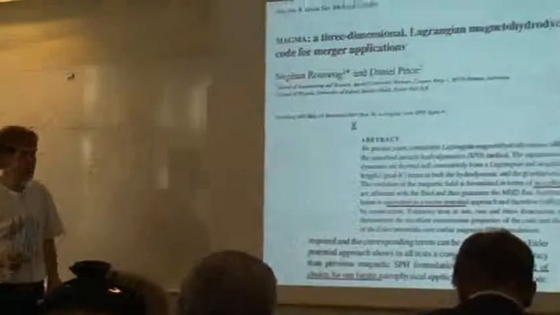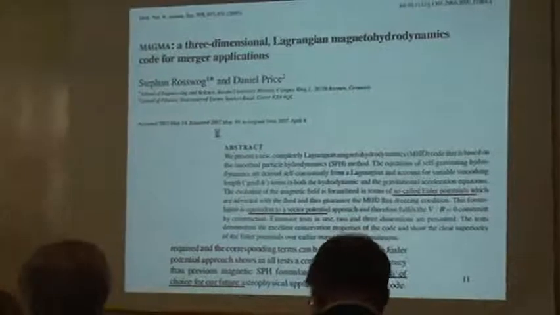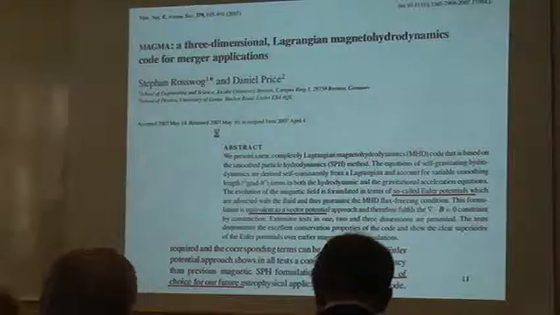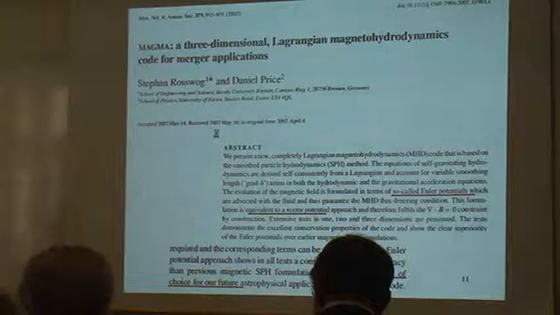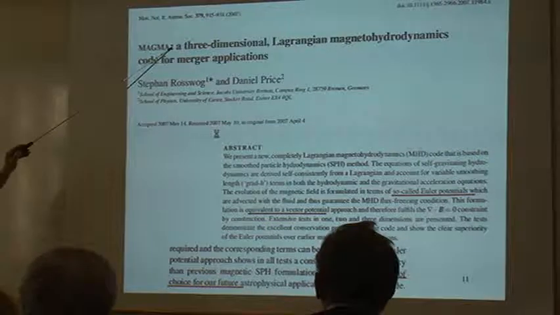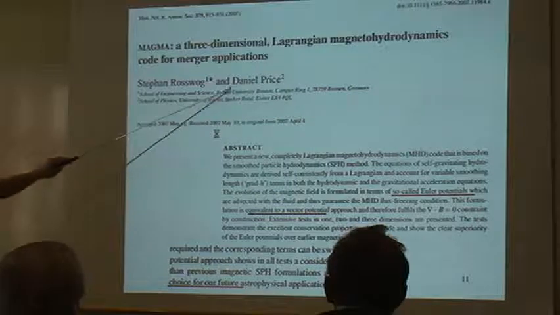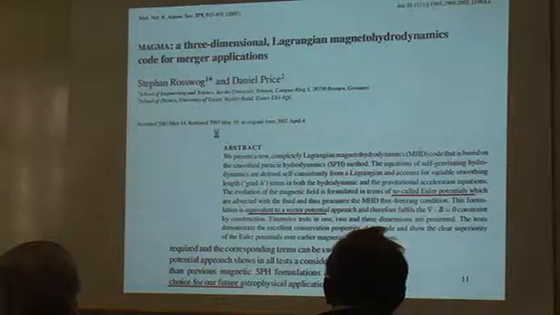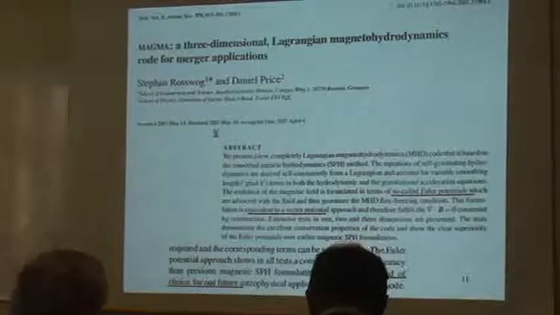That's badly wrong. There are not many such examples, but in the last 2 years, a completely new method for computations has come on the market, a code called the Magma Code, which is developed apparently here with Roswell and Price, and they are now abandoning this again after my paper.